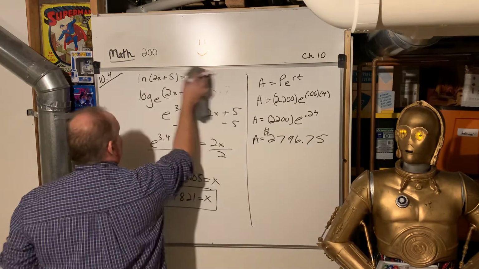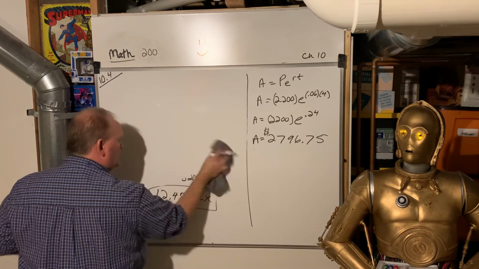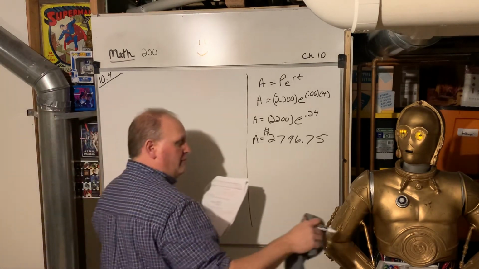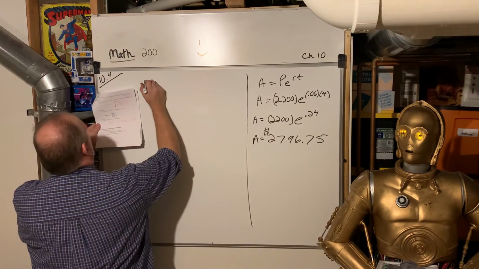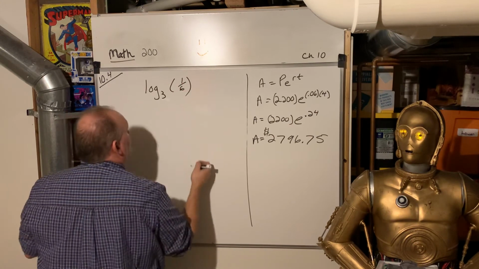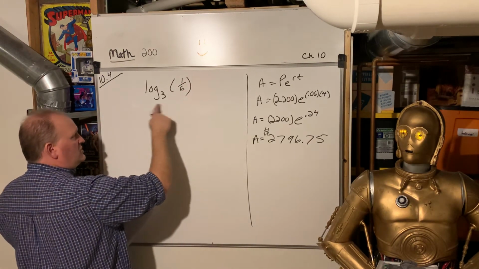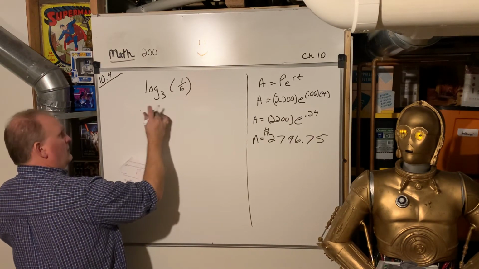Change of base formula. So your calculator has base e, that's the natural log, and it has base 10, that's the common log. But some fancy calculators, you can put in whatever base you want. But if you don't have a fancy calculator, if you have one just like I have, you can use what's called the change of base formula. So if I want to change this base, it's log, oh wait, that's a 5 though.